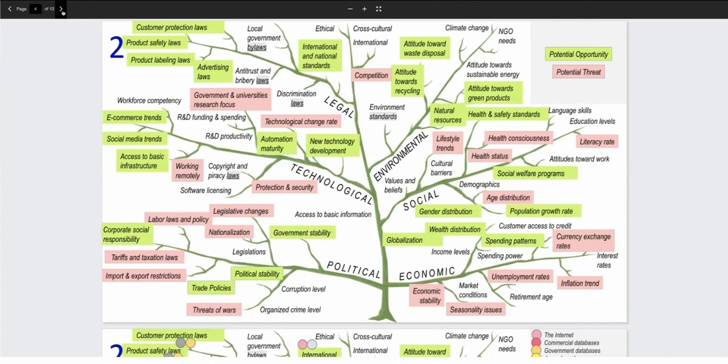Now you can always continue with all of the 6 factors that we see in the PESTEL analysis, using this mind map, choosing the threats and the opportunities, because in the next step, we are now going to look into where we can get information about these opportunities and threats, because we are doing analysis.